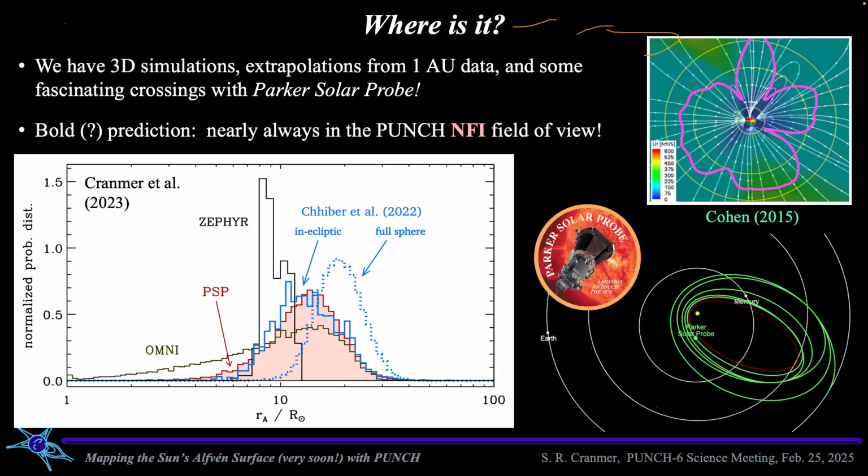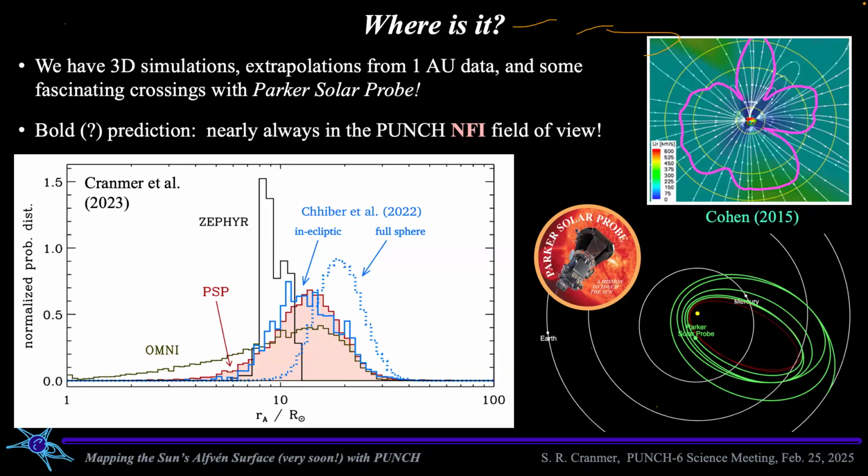This histogram at the lower right shows various estimates of the location of the Alfvén surface from many different measurements. Parker Solar Probe is the one in red, basically from the crossings and from the encounters that don't involve crossings. You can also extrapolate over smaller distances to figure out where the Alfvén surface was.